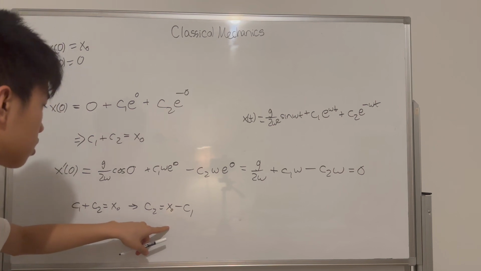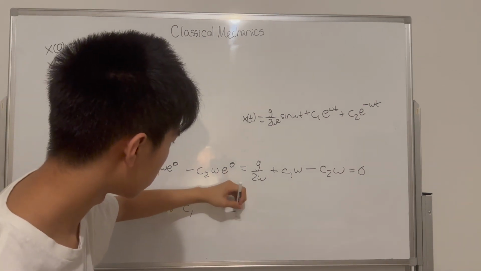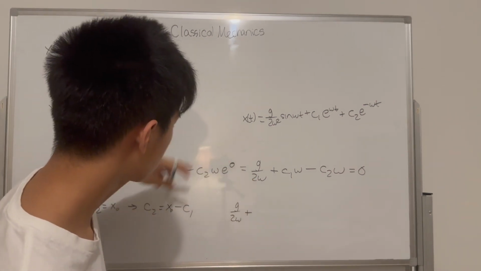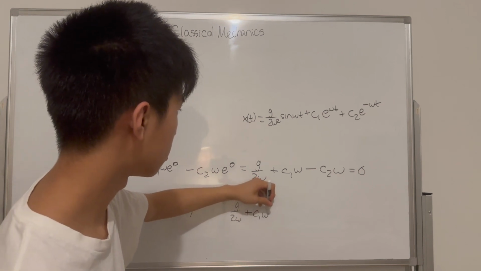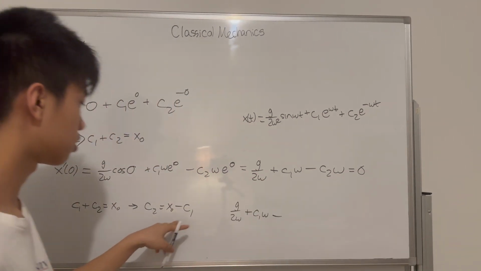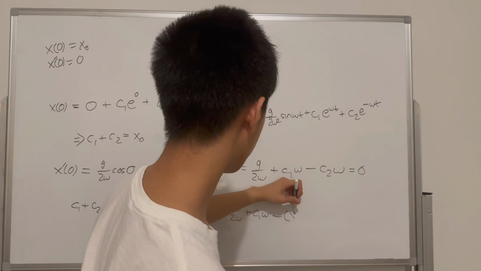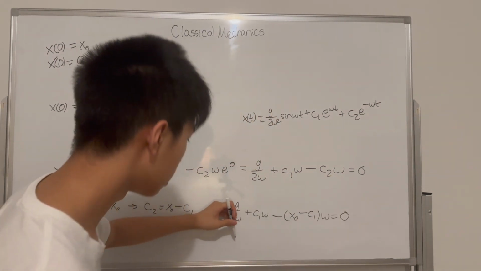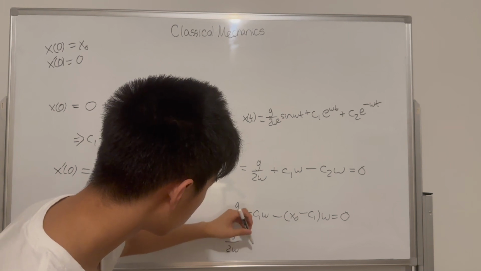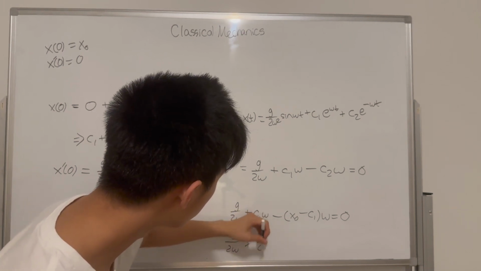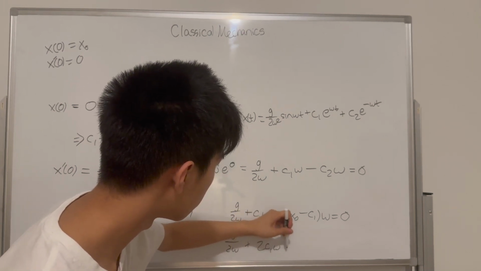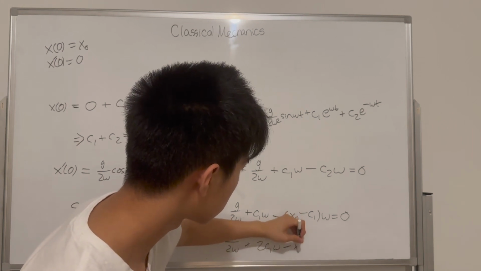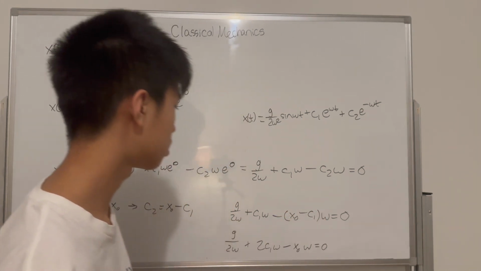So g over 2 omega plus c1 omega minus x naught minus c1 omega equals 0. So then g over 2 omega plus 2 c1 omega minus x naught omega equals 0.